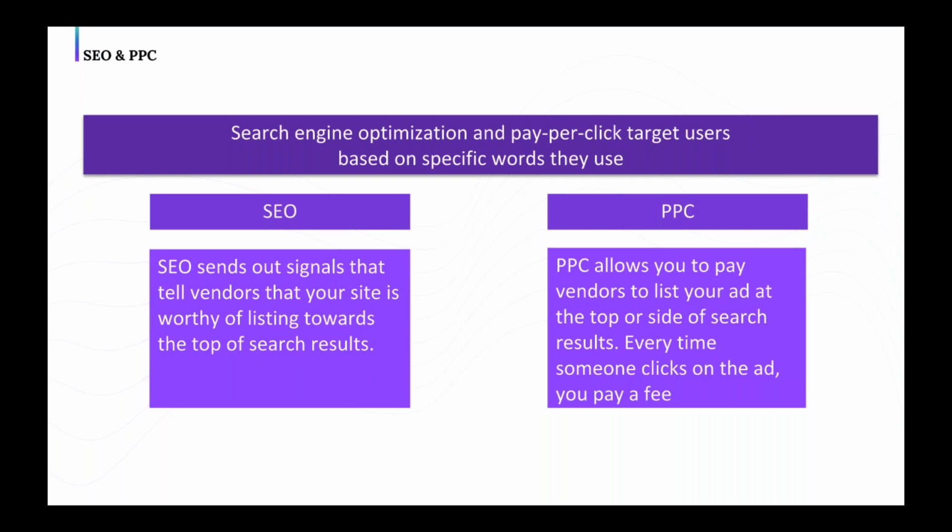Next, we have PPC, which stands for pay-per-click. Pay-per-click simply means you're going to be advertising on a search engine, and it will list your ad at the top or the side of a search result. The pay-per-click part comes pretty simply from if someone clicks on your search result, you're going to have to pay.